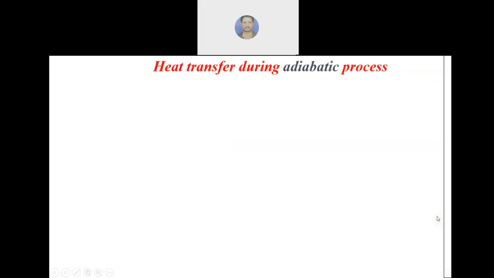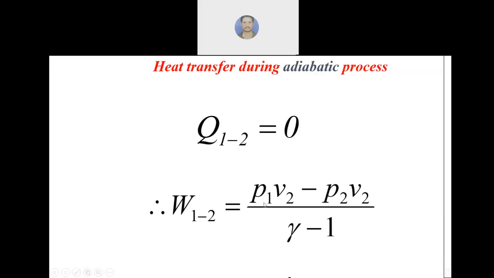Now the adiabatic process. The last one is your adiabatic process, meaning a constant entropy process. In the adiabatic process, heat transfer is 0. So nothing to do, you know heat transfer is 0. And work transfer is given by P1 V1 minus P2 V2 divided by gamma minus 1.